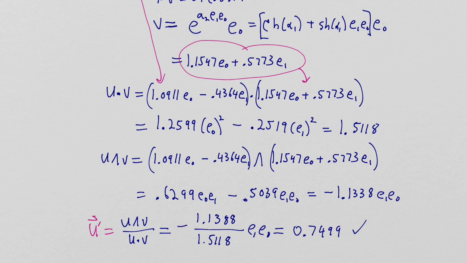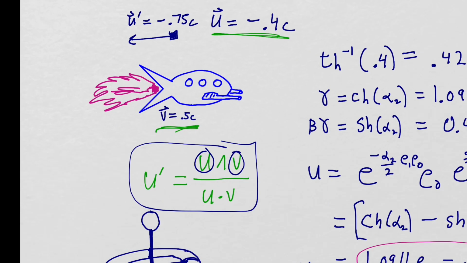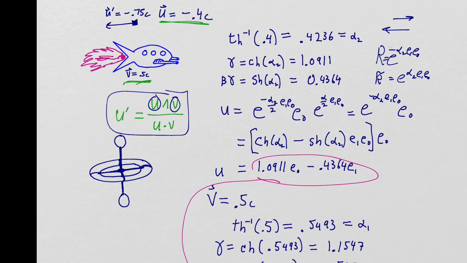We do minus 1.138 E1 E0 in the numerator, and the denominator gets 1.5118, and you do this division, and you end up with minus 0.7499, which is, in fact, the minus 0.75 we were shooting for.